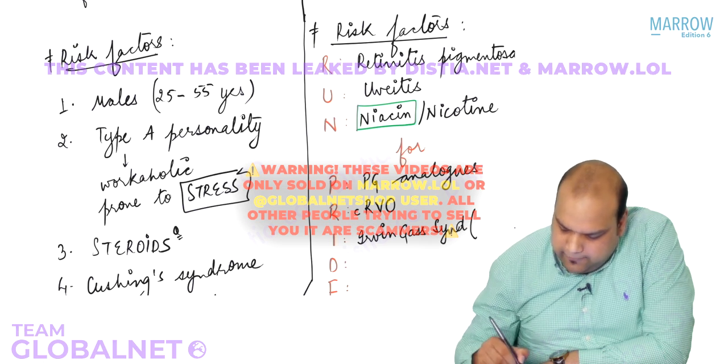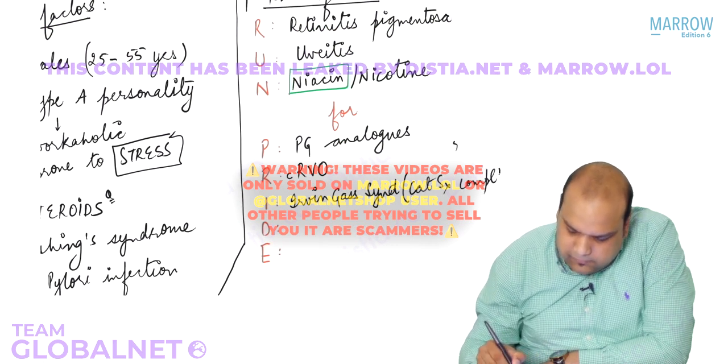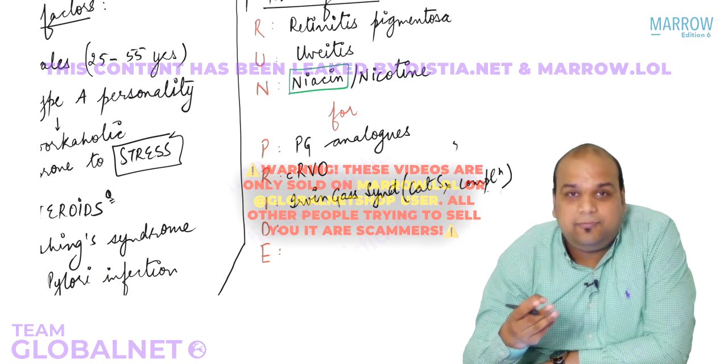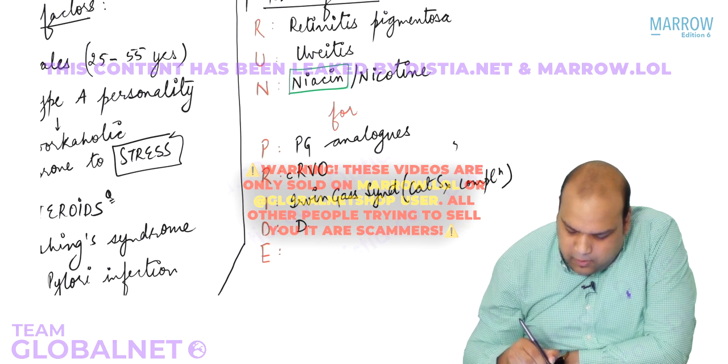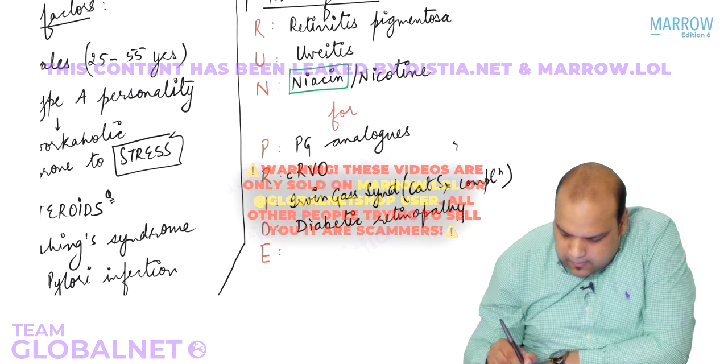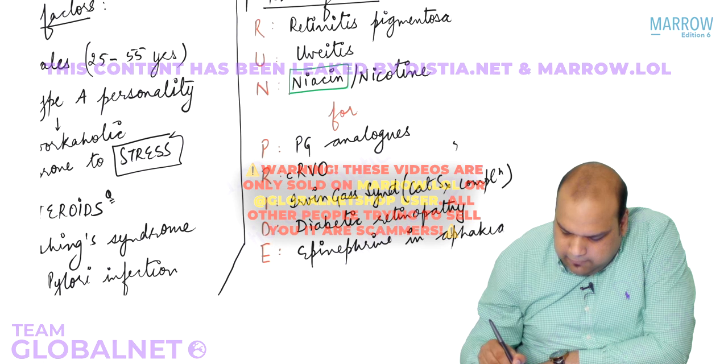If you have forgotten it, everybody, then please remember it is a cataract surgery complication. A triad of CME, bullous keratopathy and vitreous touch. D for diabetic retinopathy. And E for the drug epinephrine if administered to patients who have aphakia.